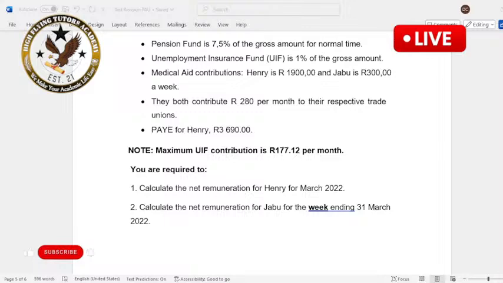So they say they both contribute 280 per month to their respective trade unions. So that's fine. Because I'm thinking if they say per month and this one worked a week, then what do we do? But it's fine. It's okay.